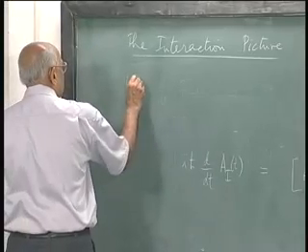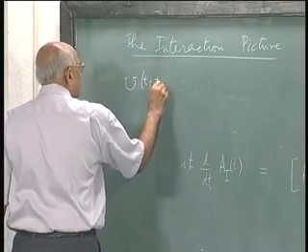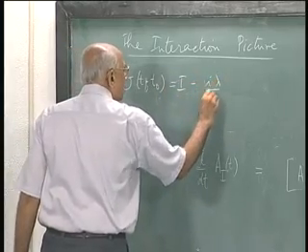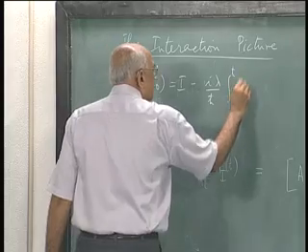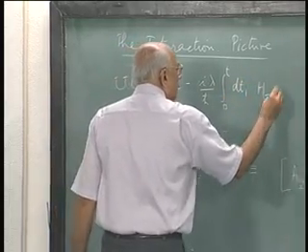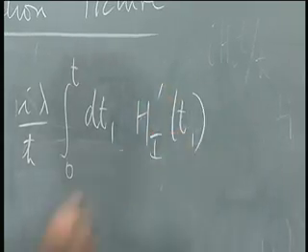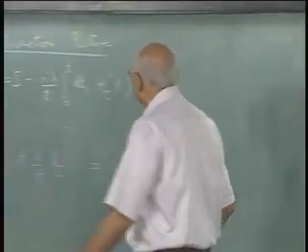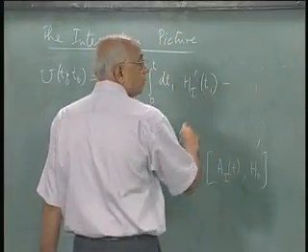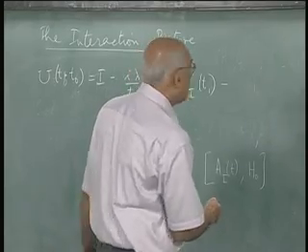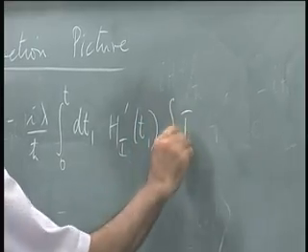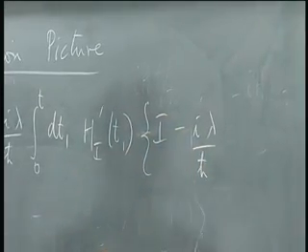u of T, T0 equal to I minus I lambda over H cross integral 0 to T dt1 Hi prime of T1 times I out here, and then the next term is plus, so let us I minus I lambda over H cross.